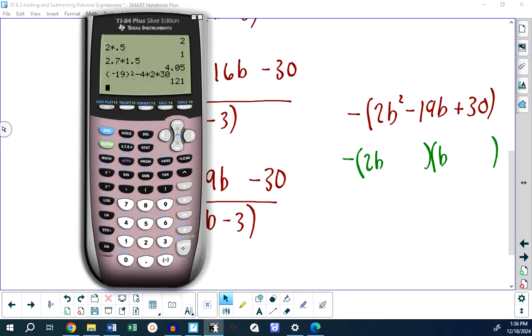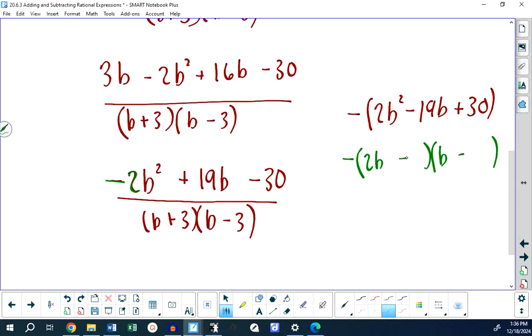Oh, it's a perfect square. I'm surprised. I really am. Well, these have to both be negative, don't they? Because they multiply to give a positive. 3 and 10?